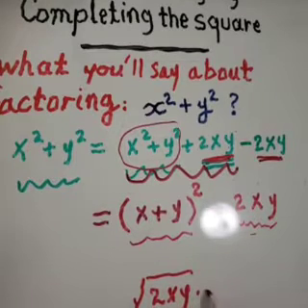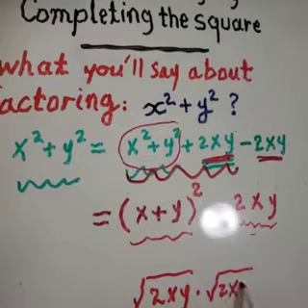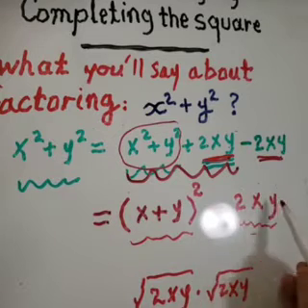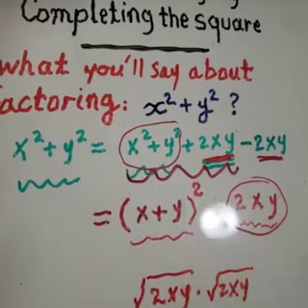When you multiply it by itself, the multiplying removes the square root sign, and you get 2xy, which is here. So we can deal with this as the square of the square root of 2xy.